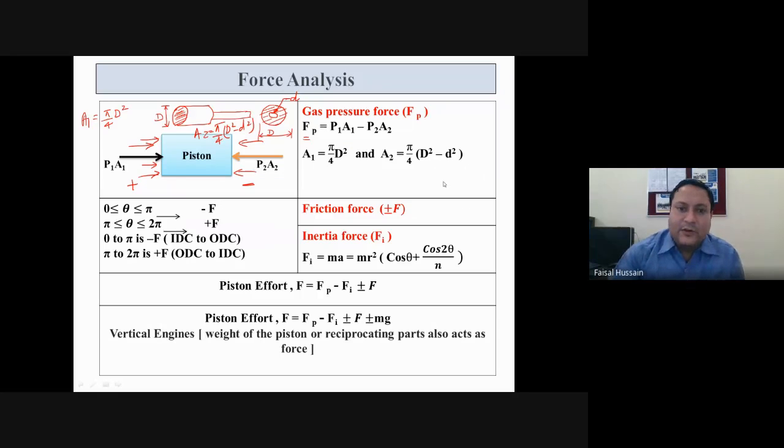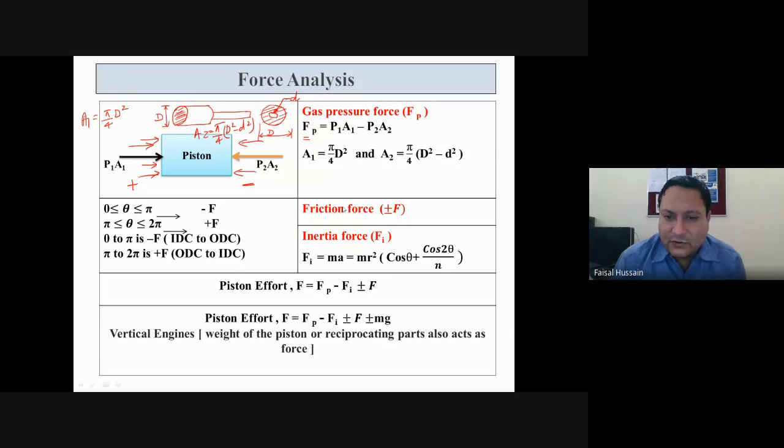Similarly, during the second half, when the crank moves from 180 degree to 360 degree, it is considered a positive force, because at that point the net force increases. So 0 to 180 degree, effective force is reduced, so minus F. 180 to 360 degree, effective force increases, so positive F. This is the concept of frictional force.